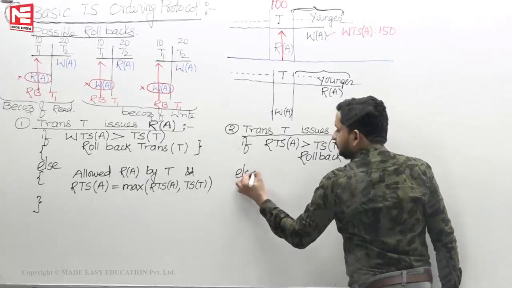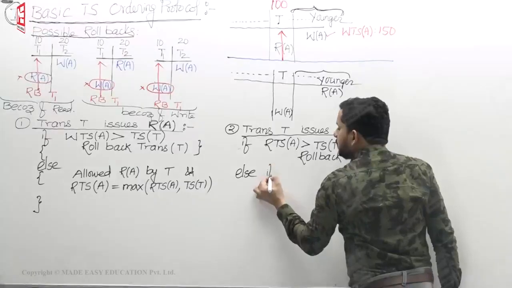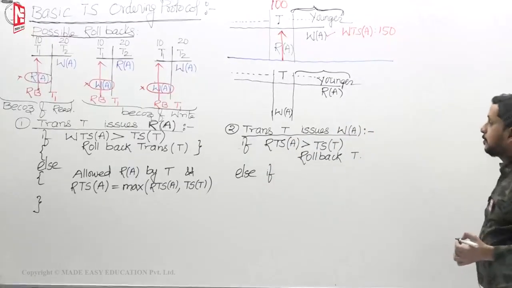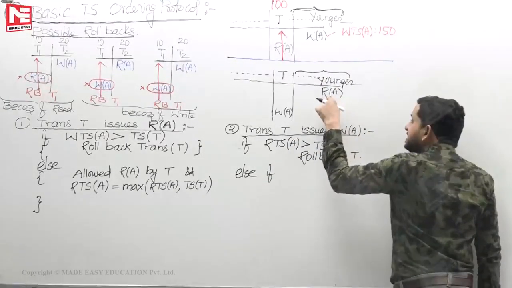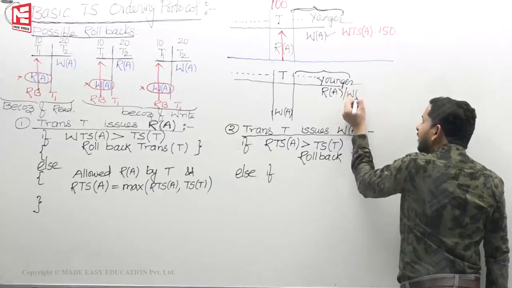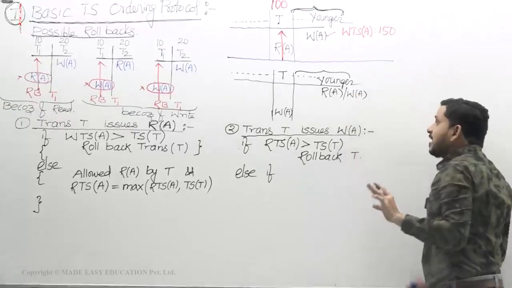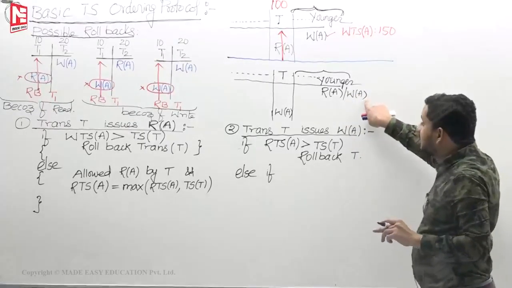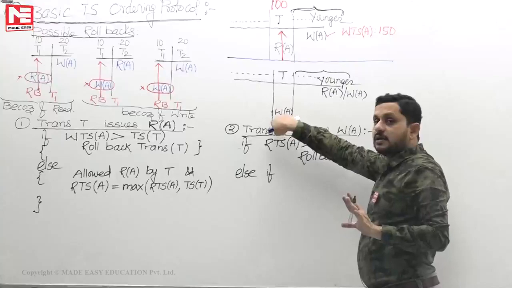Else, one more possibility of rollback: not only if a younger transaction did the read, but also if a younger transaction did the write. If a younger transaction did the write, then the older transaction's write is also not allowed.